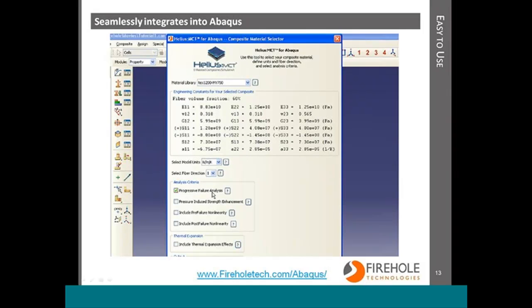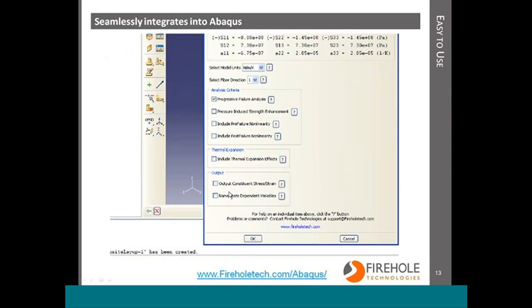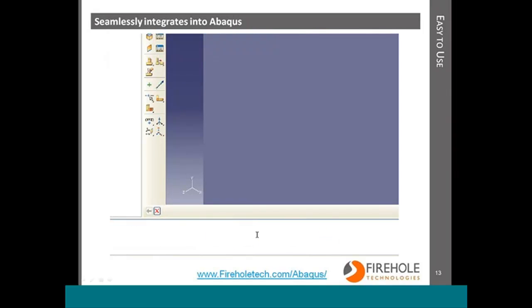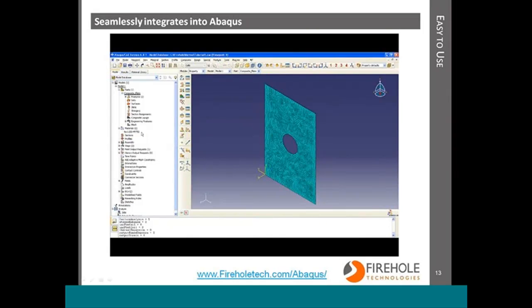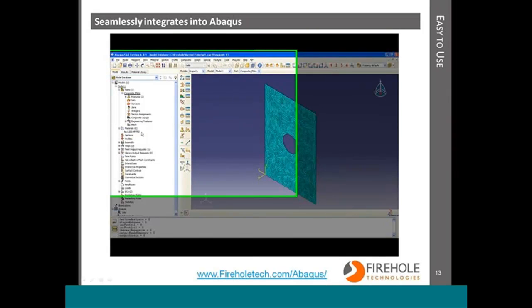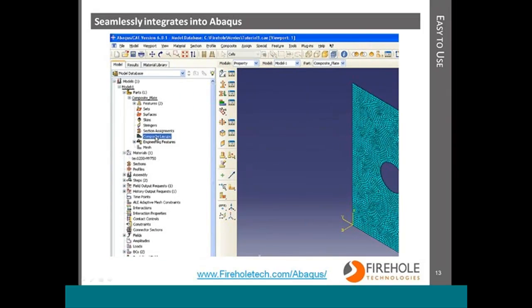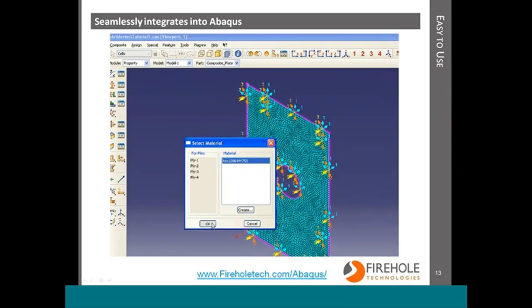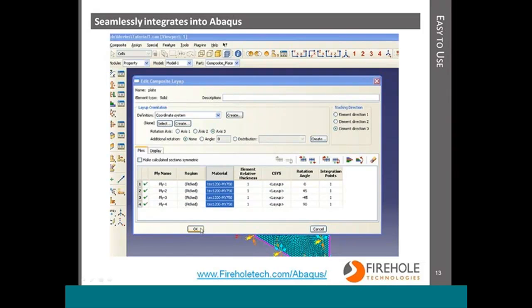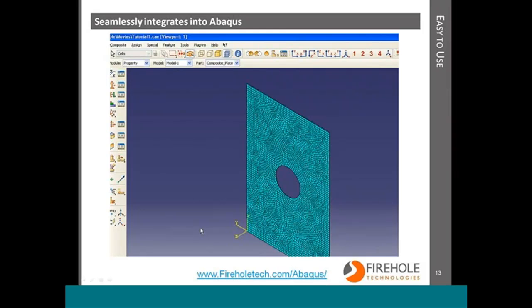Select your units, fiber direction, analysis criteria, output request. Go ahead and define a section. Click OK, and the Helius MCT solver add-in is automatically called at runtime, so you don't have to do anything different there.